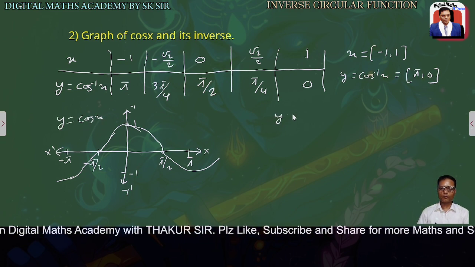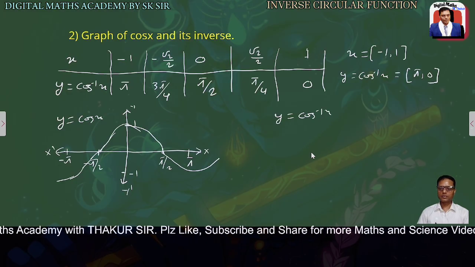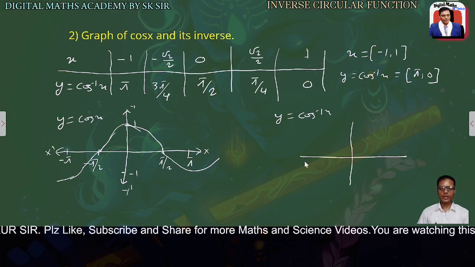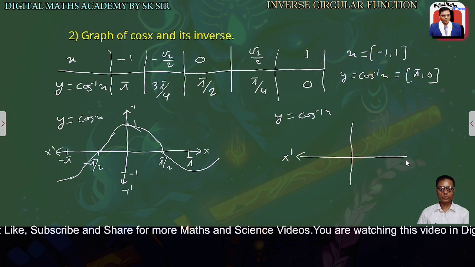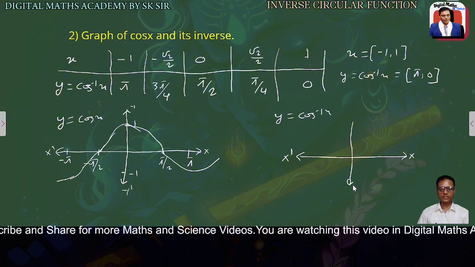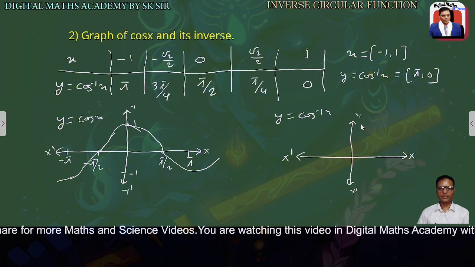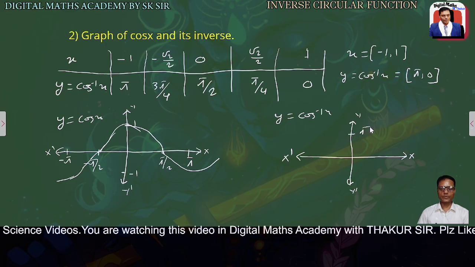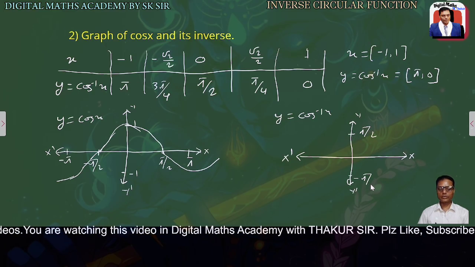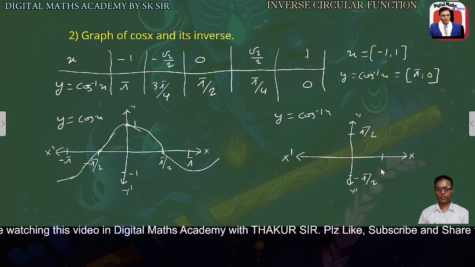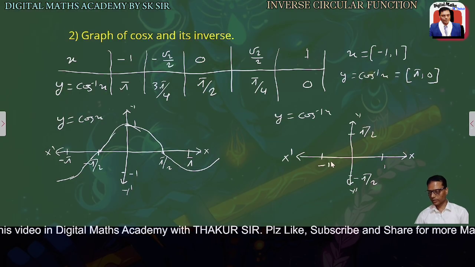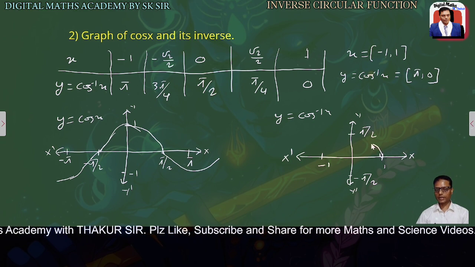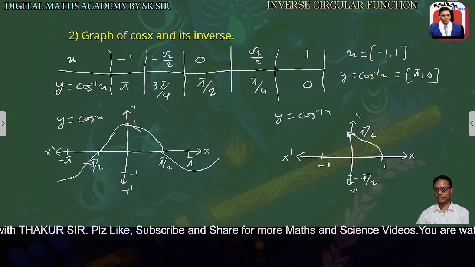And for the graph of y equals cos inverse x, we choose the x-axis and y-axis, and the domain and the range of course will be exchanged. So the negative x becomes the positive x-axis, negative y-axis is the positive y-axis. Upper here becomes pi by 2, down there is minus pi by 2. And here is 1 and there is -1. It starts from here, it falls like this, it moves like this, and it goes up similarly.